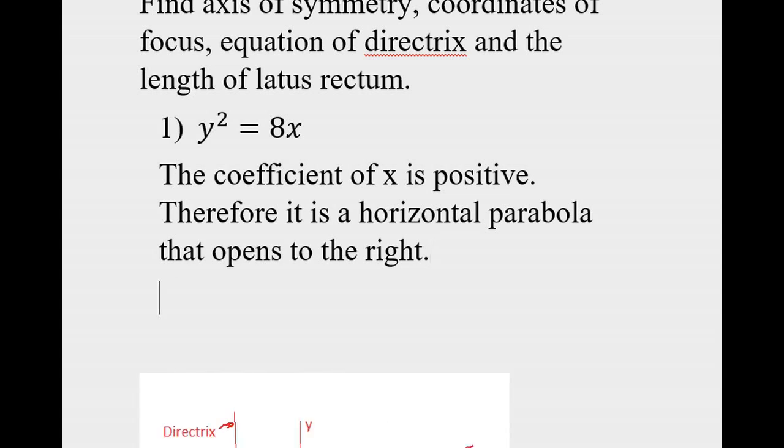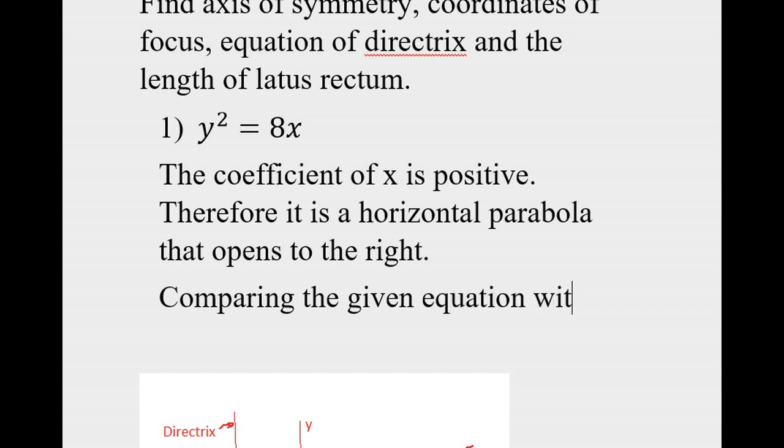Since the coefficient is positive, it is y square equals 8x. So instead of the coefficient, we will put 4p. So we will compare the equation with y square equals 4px.